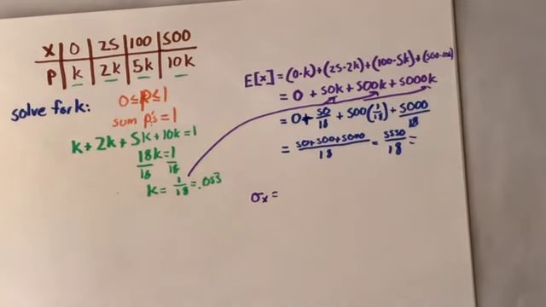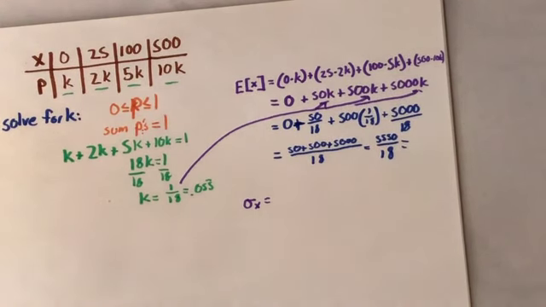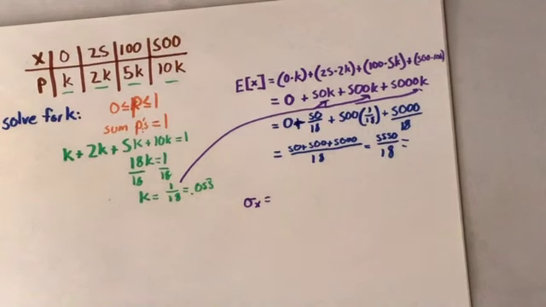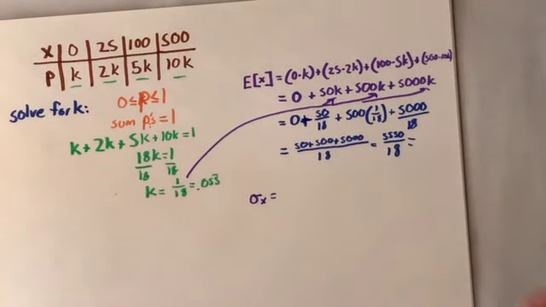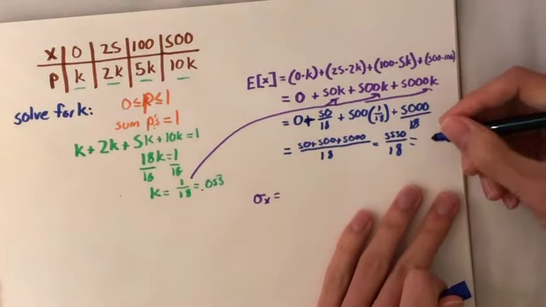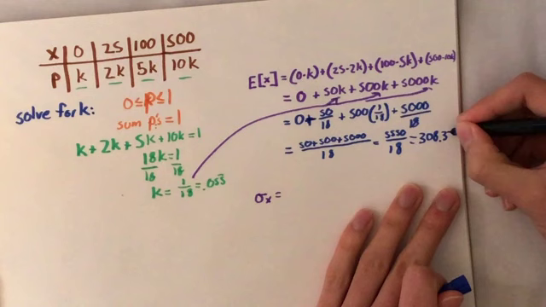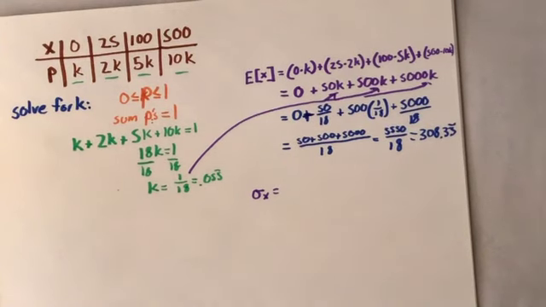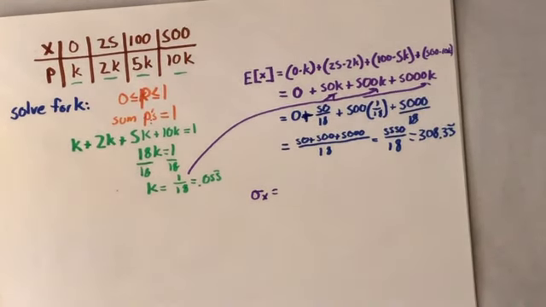Doing a quick calculation, that is 308.33. This will not be the same answer that you get on your problem, but it's the same process. So we have our E of x, and it's equal to 308.33.